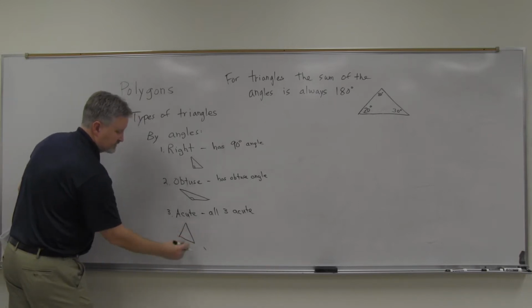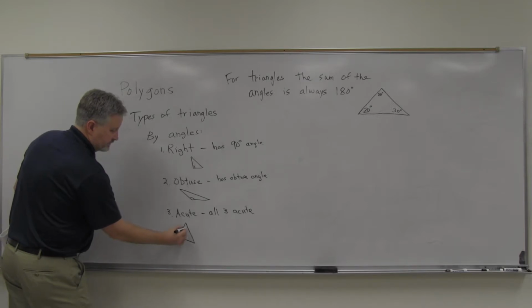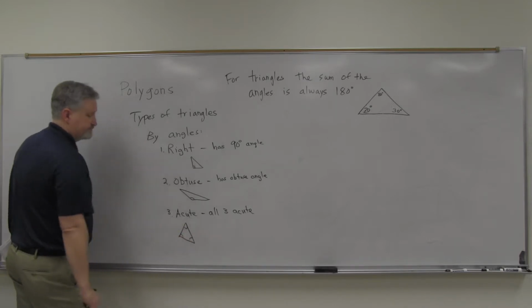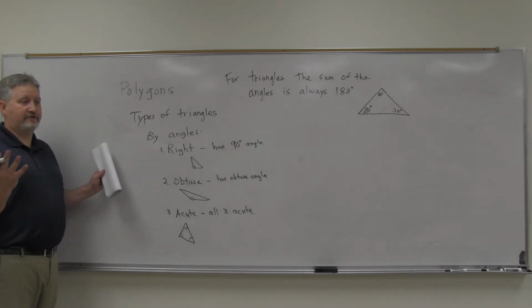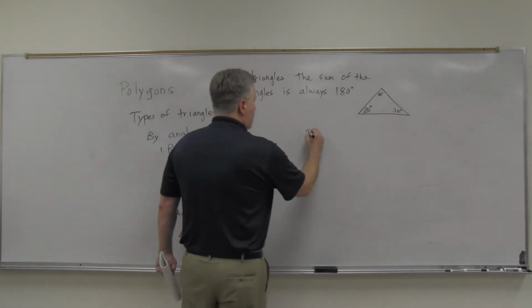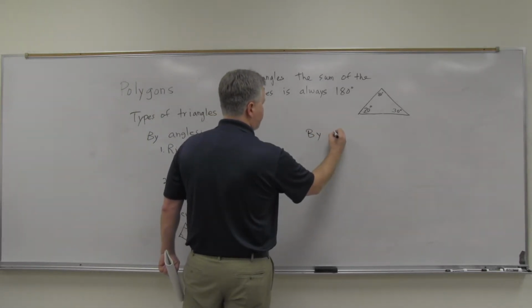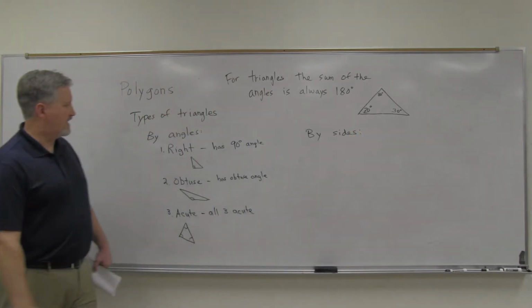Of course, the easy one to do is the one where all angles are acute, that's an acute triangle. But then we can do classifying of triangles by sides.